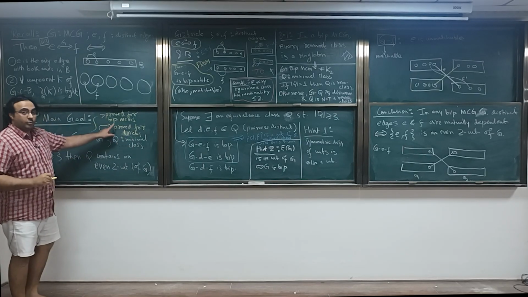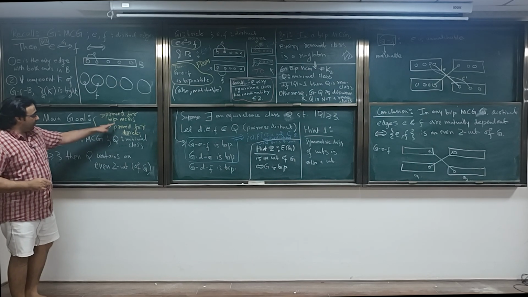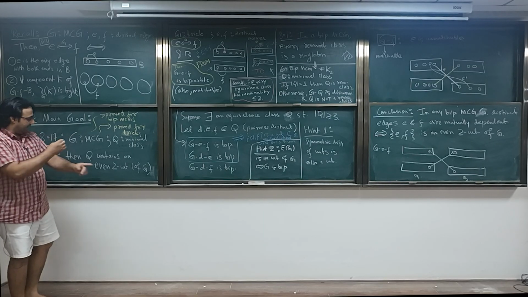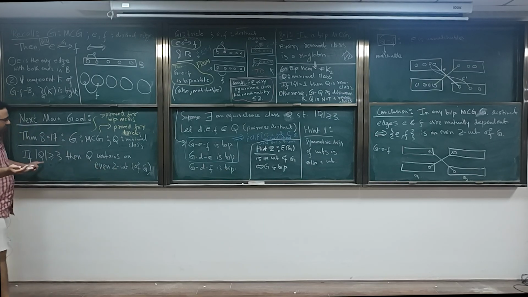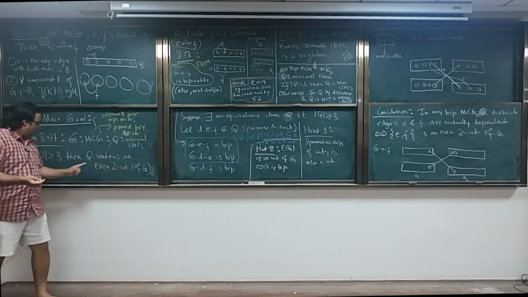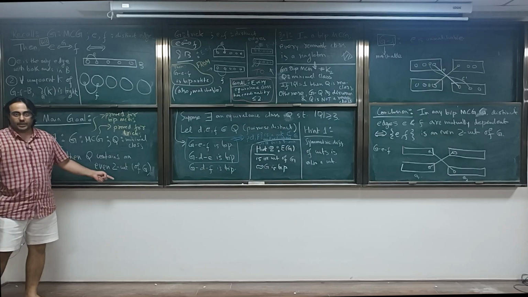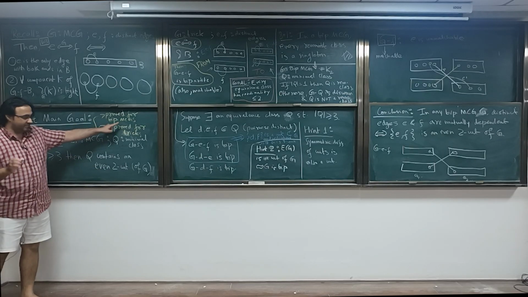And in both cases we proved stronger statements. Here what did we prove? We proved that any two mutually dependent edges comprise an even 2 cut. Therefore, any equivalence class of cardinality 2 or more will contain an even 2 cut. Yeah, that was the case for bipartite graphs.